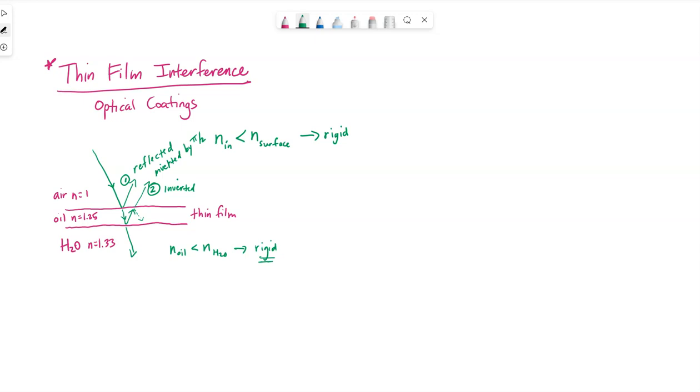So these reflected light rays, both of them were inverted because of the rigid boundaries, both light rays inverted on reflection.